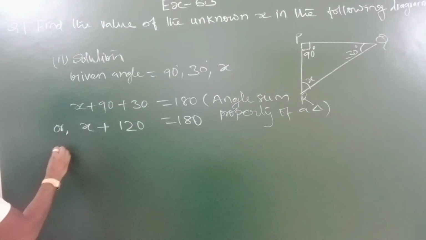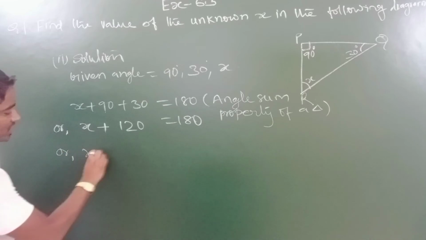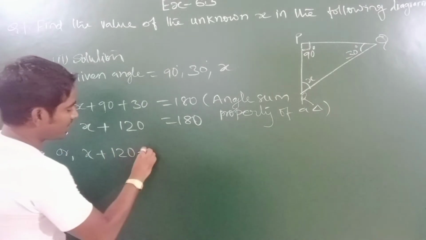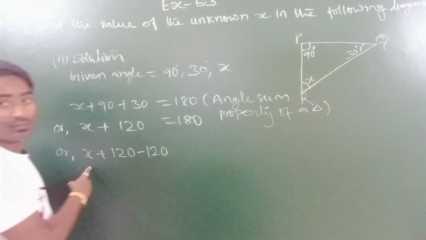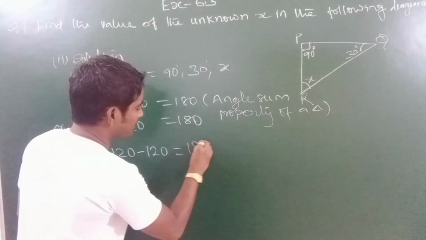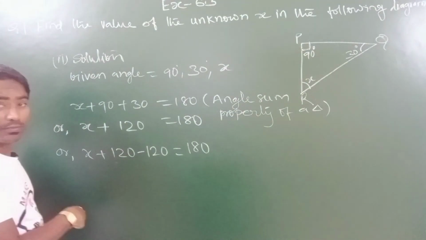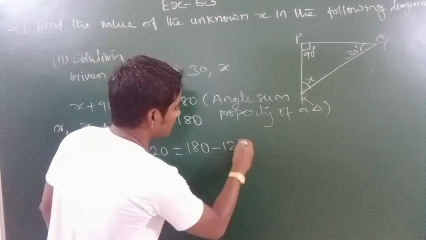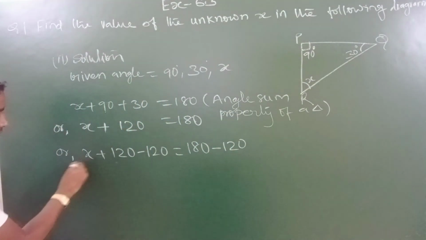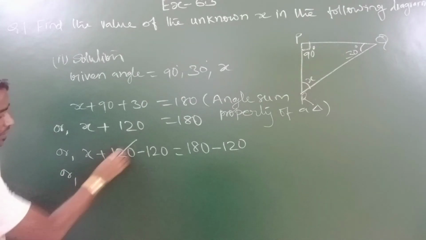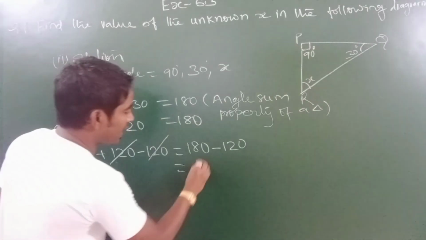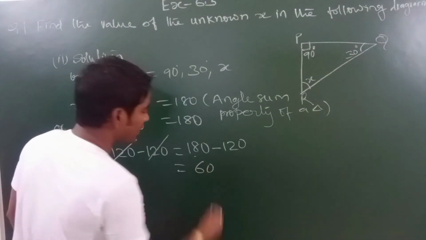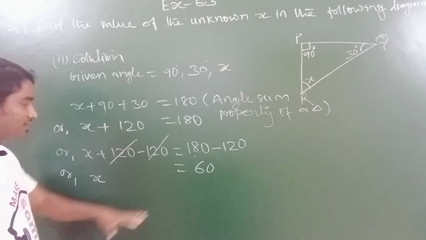Now since we have to separate this variable, this time we will subtract 120 to separate the x variable. Since we have subtracted 120 on the left of the equation, we will subtract it on the right also. ठीक है, अभी यहाँ पे क्या करना है, ये plus 120 minus 120 they will cancel each other, and if you solve this, you will get the x value as 60.